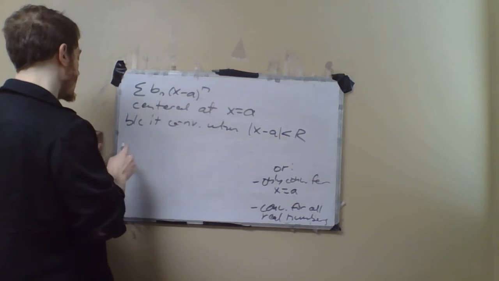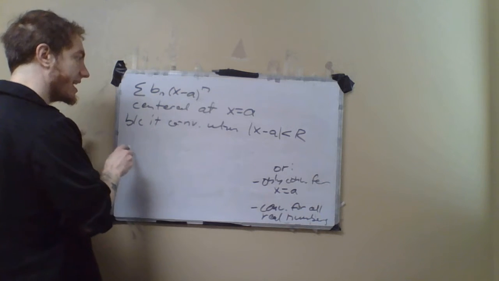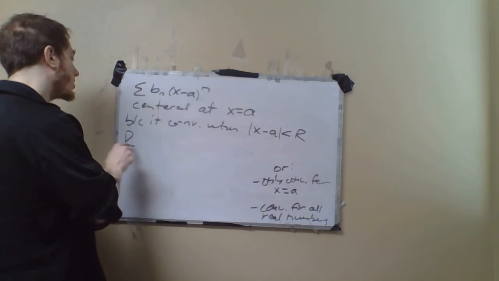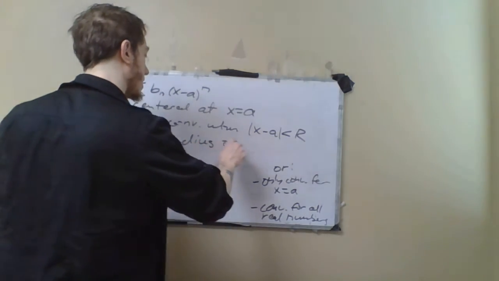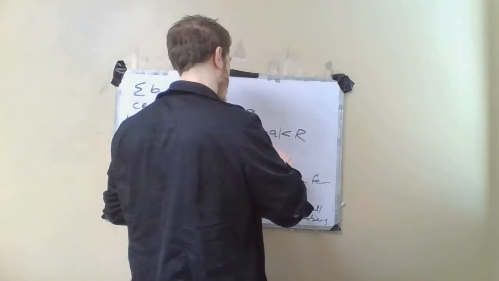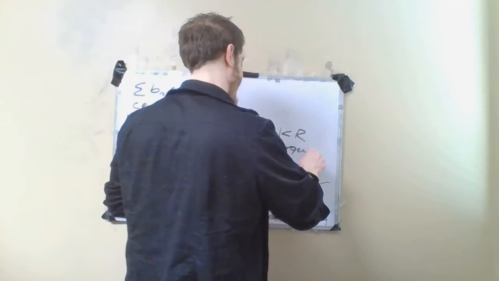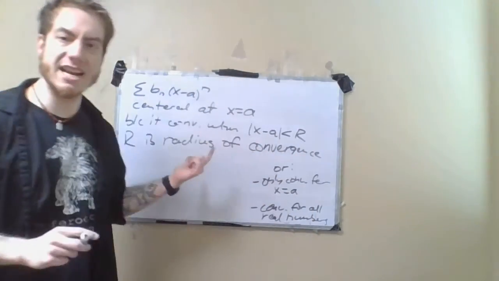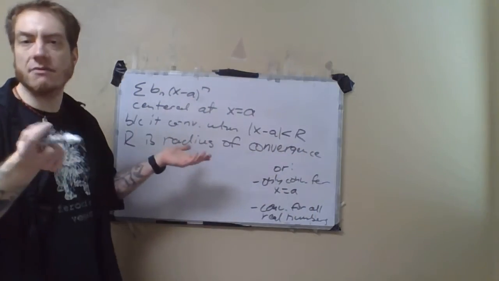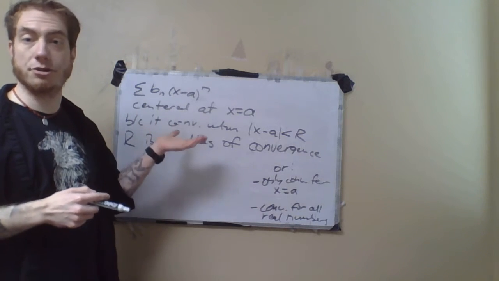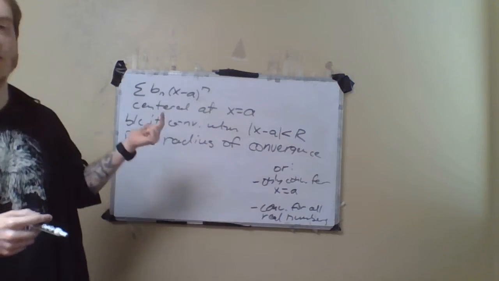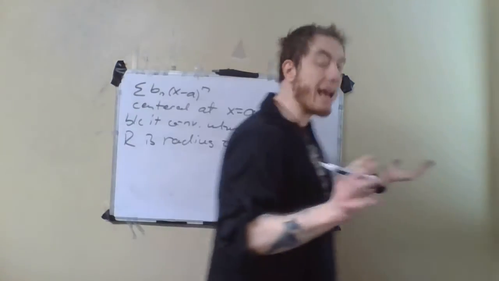Now, what we can say is then that capital R is called the radius of convergence. You might think it's weird to think of a radius on the real number line, but it's kind of a radius. It's a distance, and it's the same distance in all directions, of which there's just 2 in this case. So, yeah, it's a radius.